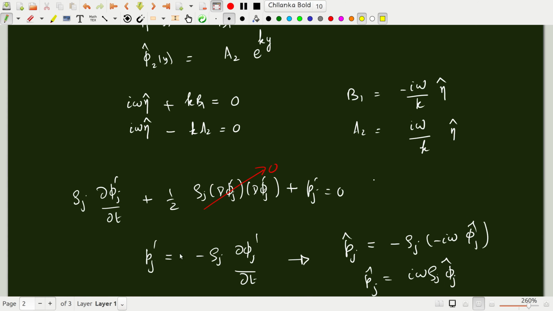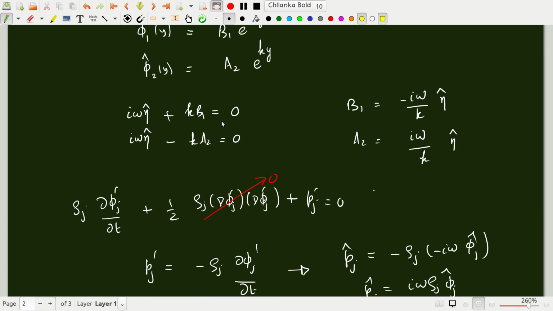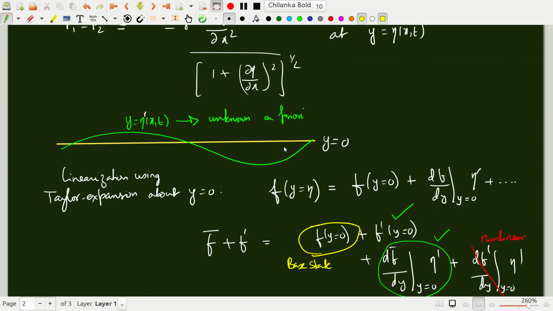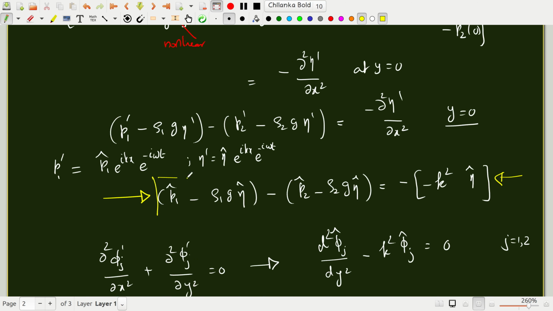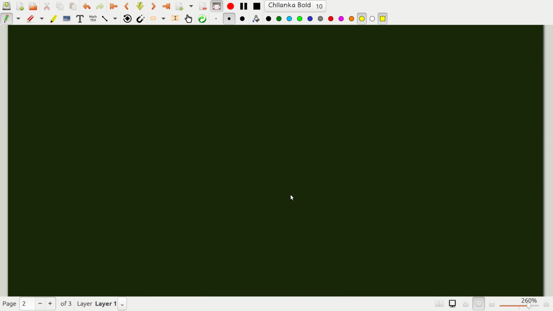Instead of Pj cap, we have everything in terms of φj, and we know what the φs are. So if you substitute all this in this normal stress balance, which I have marked here, everything is known. η cap is known in terms of potentials, pressures are known in terms of potentials.